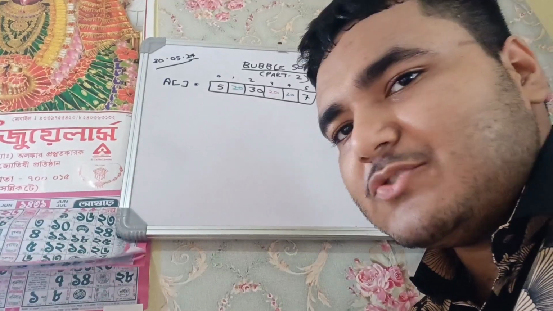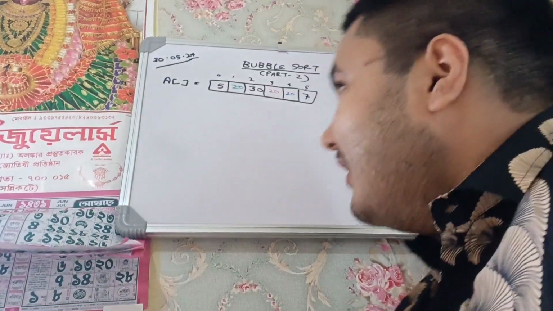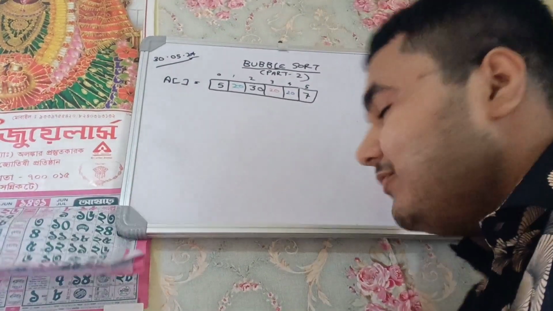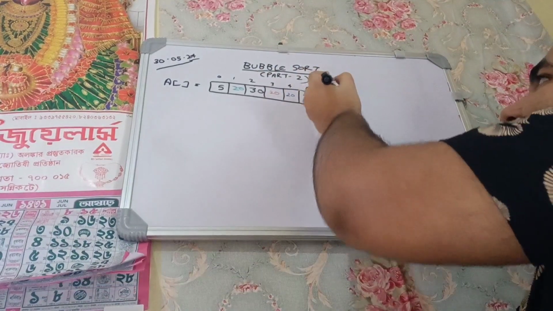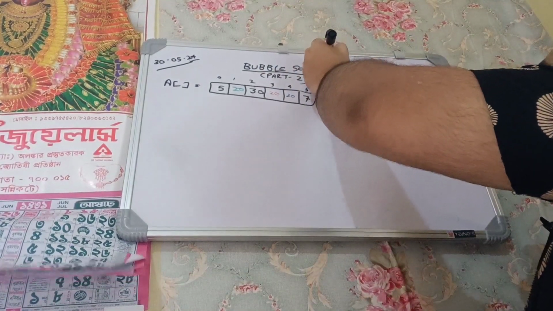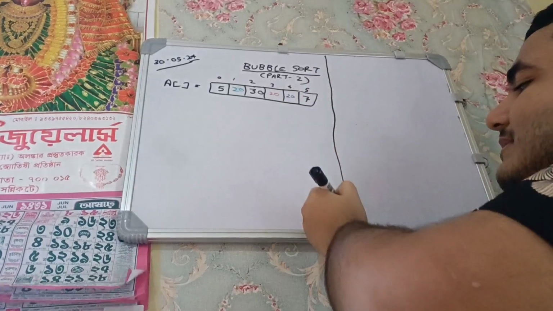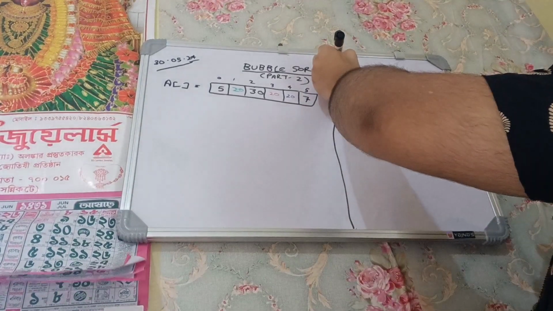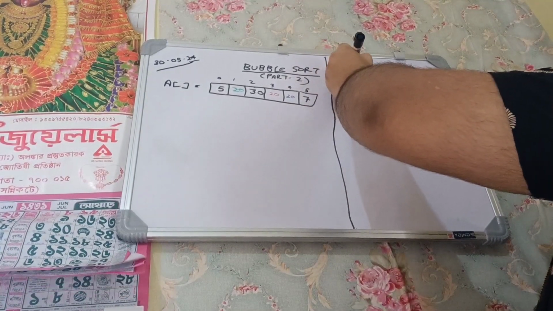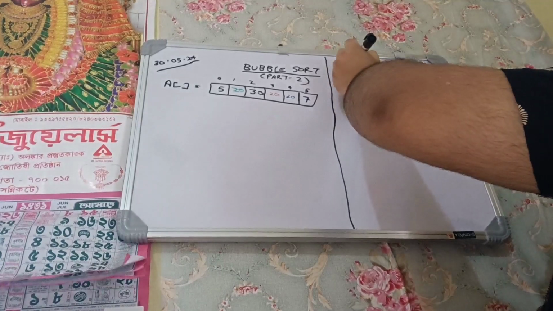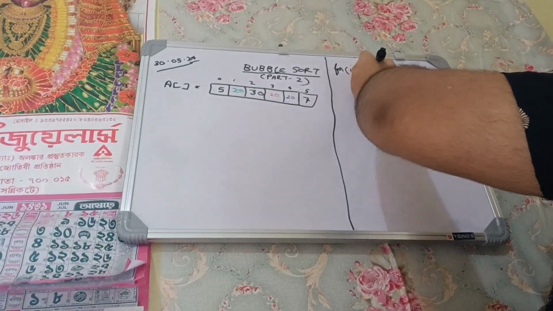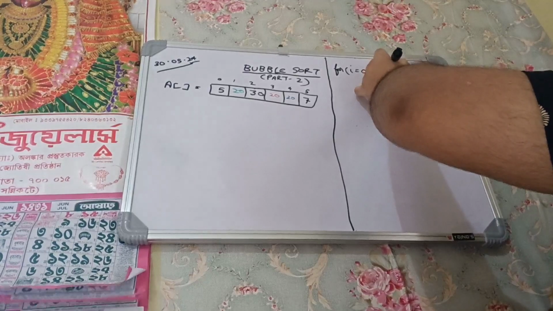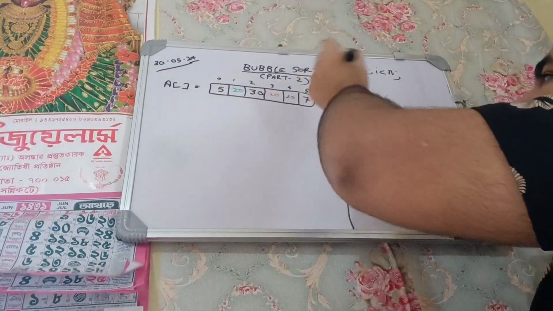So let us first go through the code. Here I am writing the code in a separate site. For i equal to 0, i less than n, where n is the size of the array.